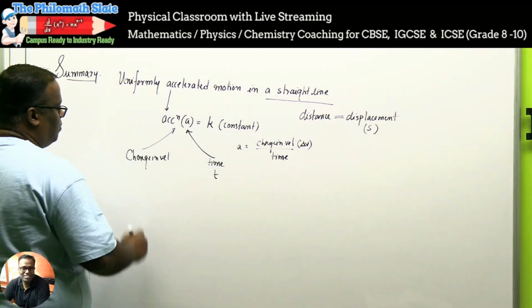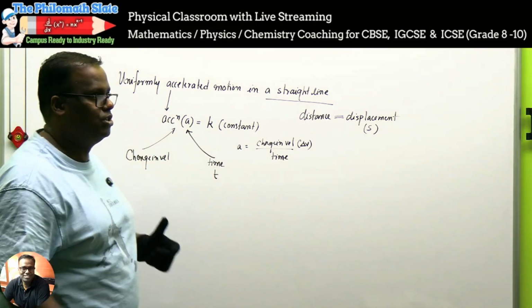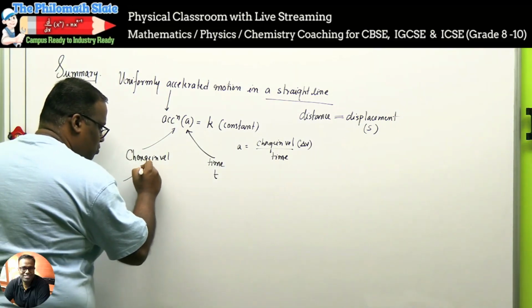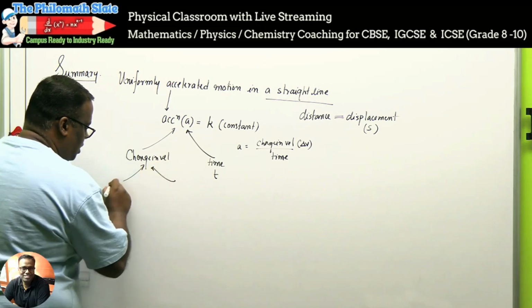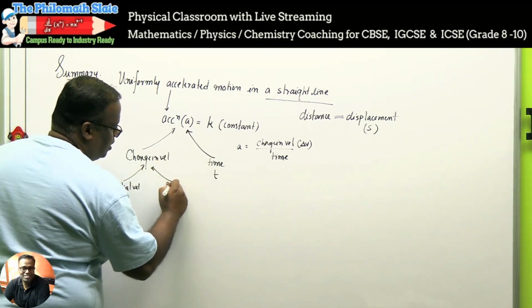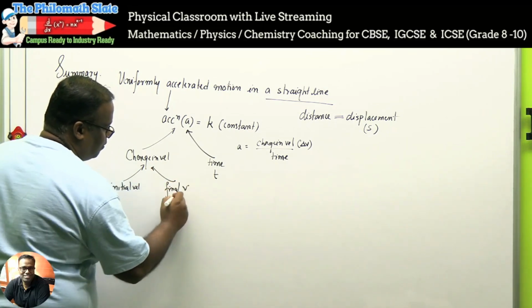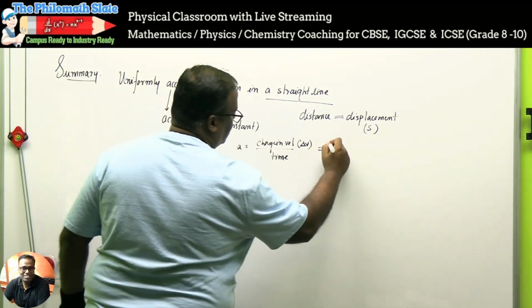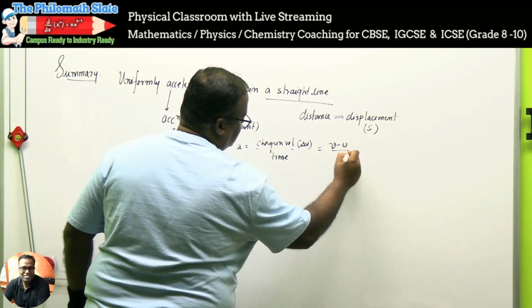Now, what is the formula for change in velocity? Change in velocity means velocity has changed, so there should be two types of velocity: an initial velocity and a final velocity. The final velocity is denoted by v, the initial by u. So your formula now becomes (v minus u) by t, which is a.